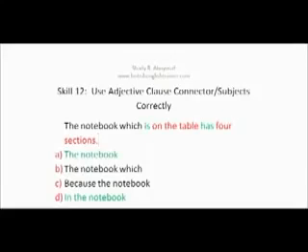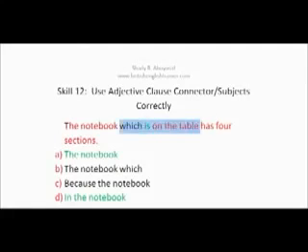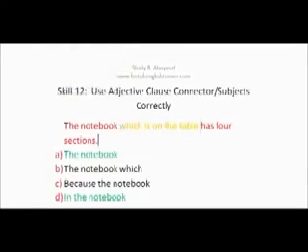So the notebook here becomes a subject, and has becomes the main verb. So the notebook has 4 sections. What about which is on the table? Which is on the table, that's an adjective clause. So the notebook has 4 sections, or the notebook which is on the table has 4 sections.